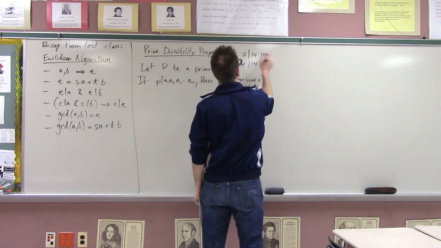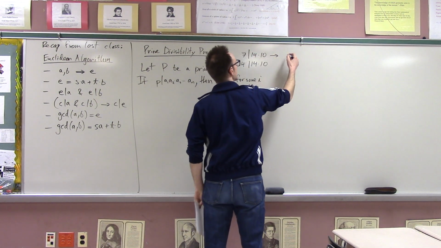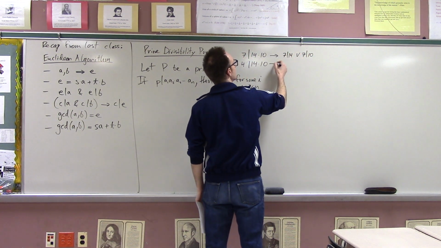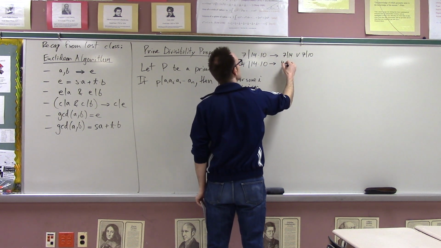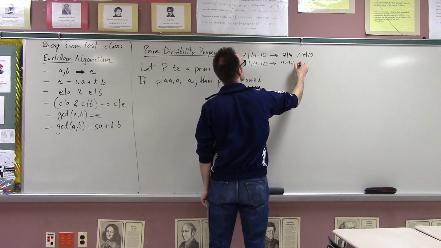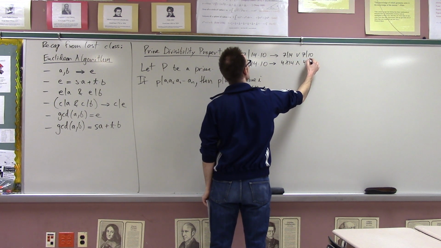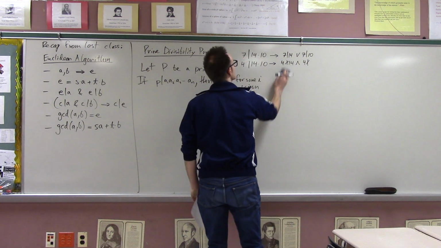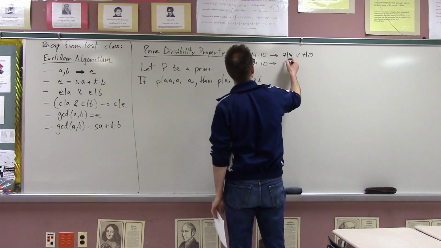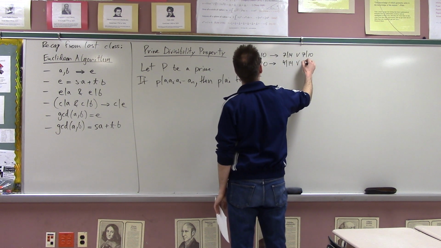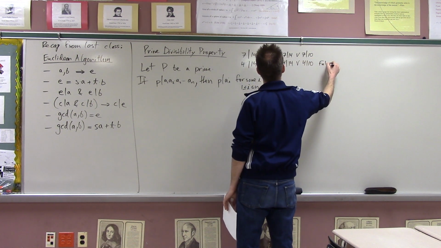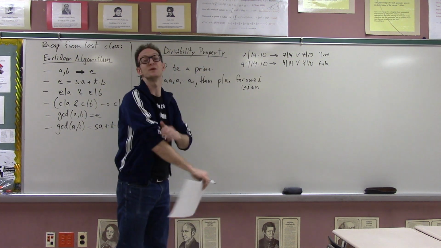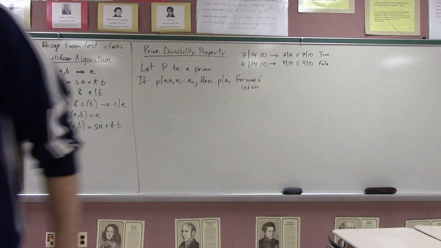If 4 divides 14 or 4 divides 10, this is false. It's true when the divisor is a prime, and false in general when the divisor is not a prime.